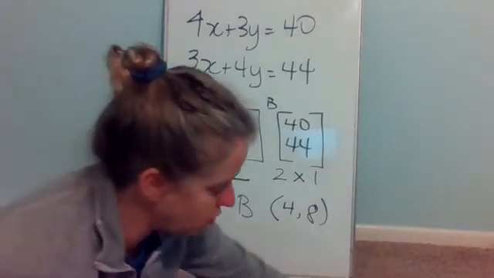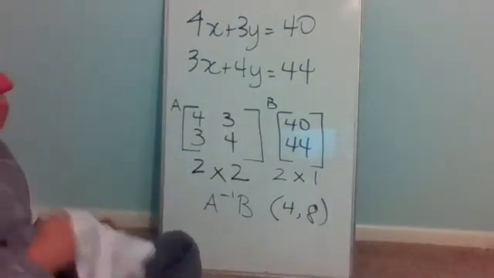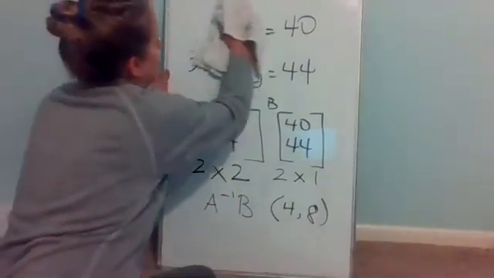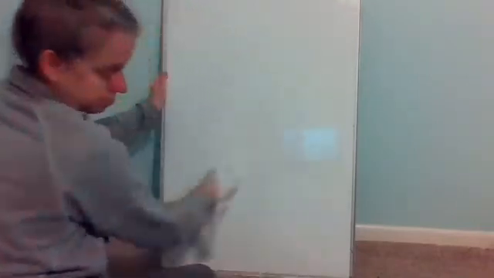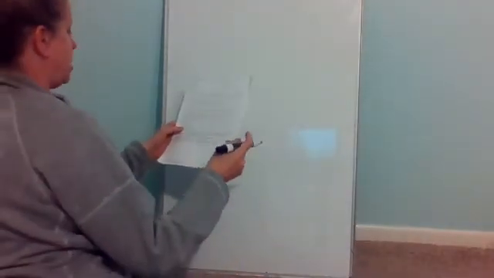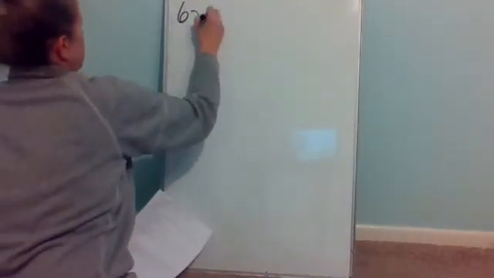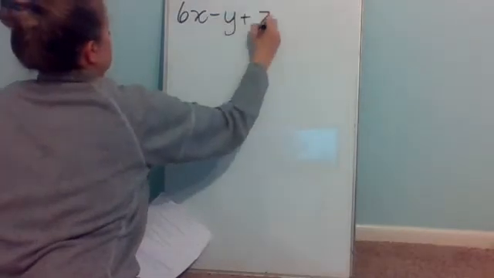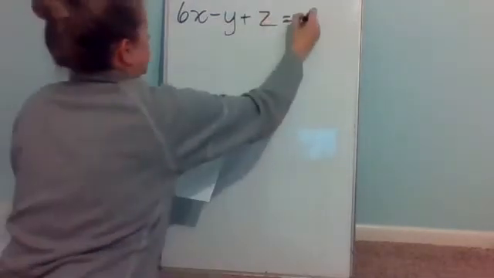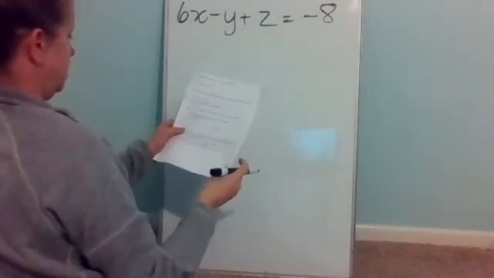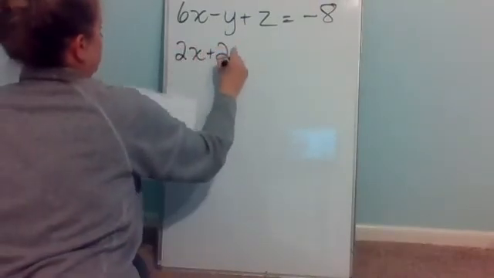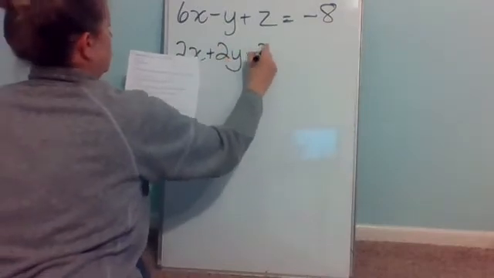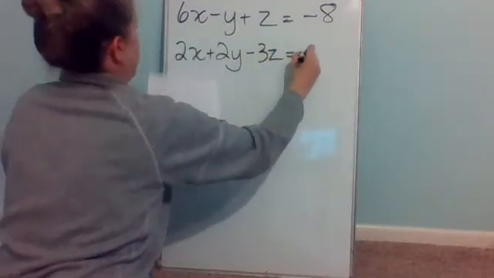Okay? Number 21 is the same kind of problem, but this one's a 3 by 3. So let's see, we've got 6x minus y plus z equals -8. 2x plus 2y minus 3z equals -31.